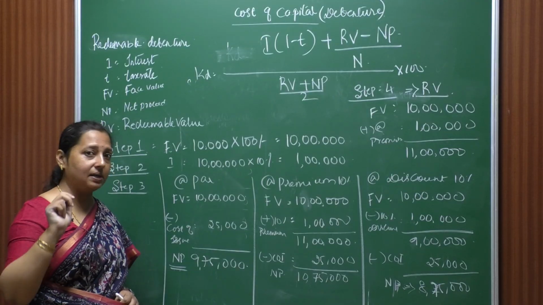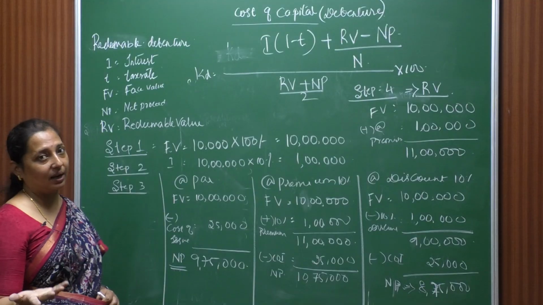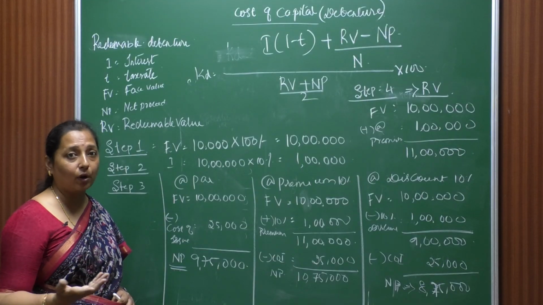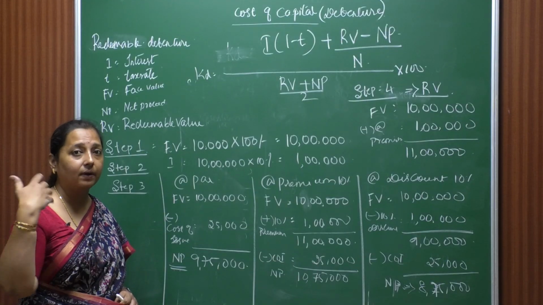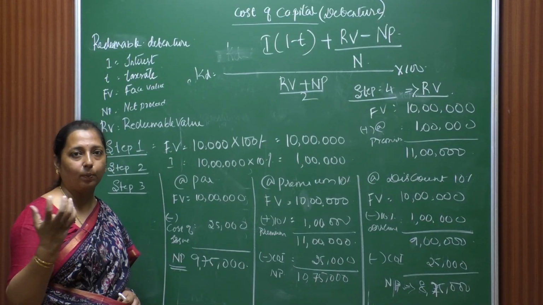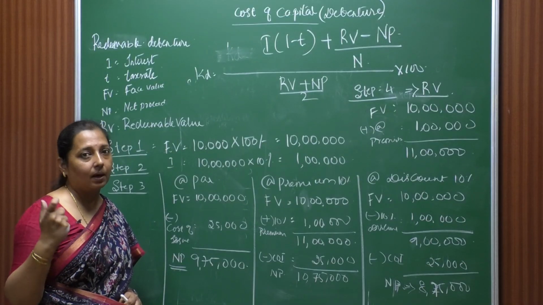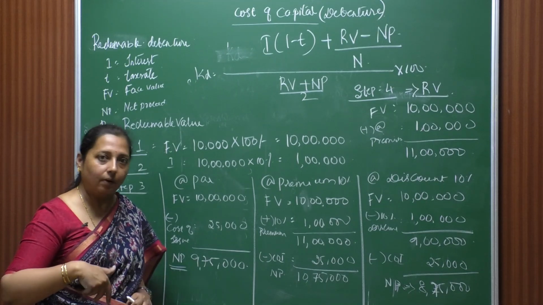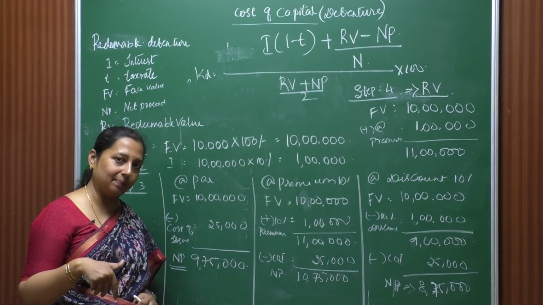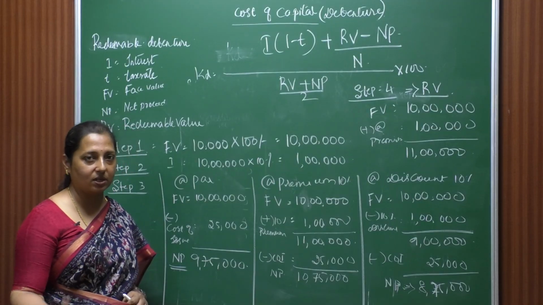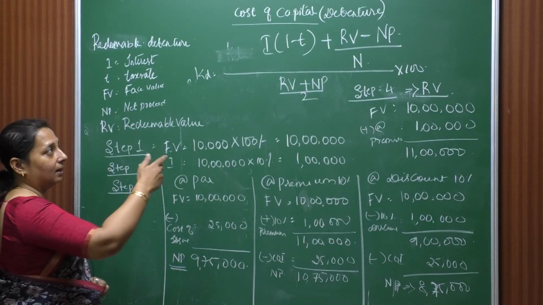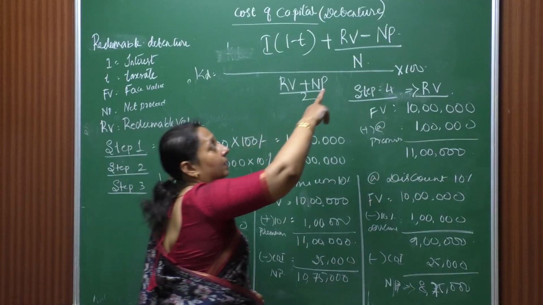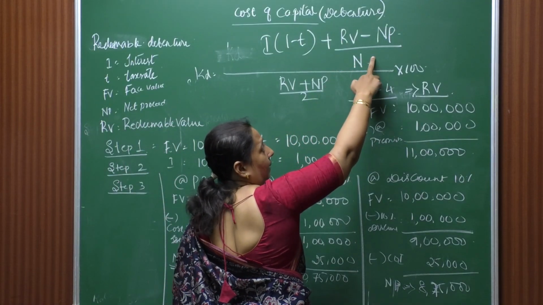In the irredeemable debt, there is no redeemable value. There is no number of years taken to buy back my debenture. The company has not specified the number of years. As per their whims and fancies, they would buy back at a certain price, at premium or discount, whatever it may be. But here they have specified the redeemable value minus net proceeds.